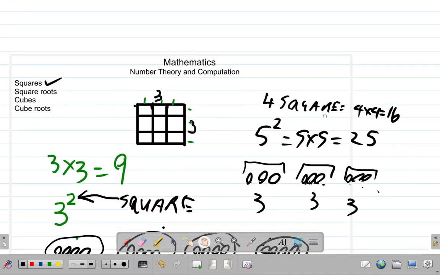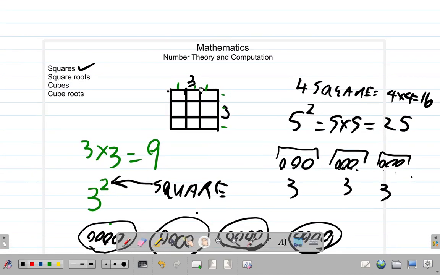I can see it up here too. The area of the square means how many 1 by 1 squares you have in it. 9 of them. So the length of the side would be the square root. You see?